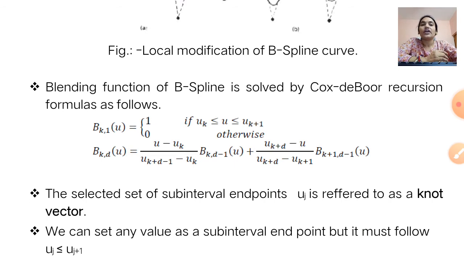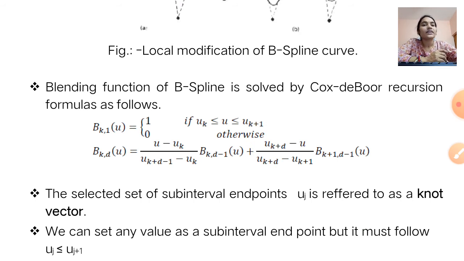If B_{k,1}(u) equals 1, then u_k is less than or equal to u less than or equal to u_{k+1}. That means the u value ranges between u_k and u_{k+1}. Otherwise, it is set to 0.